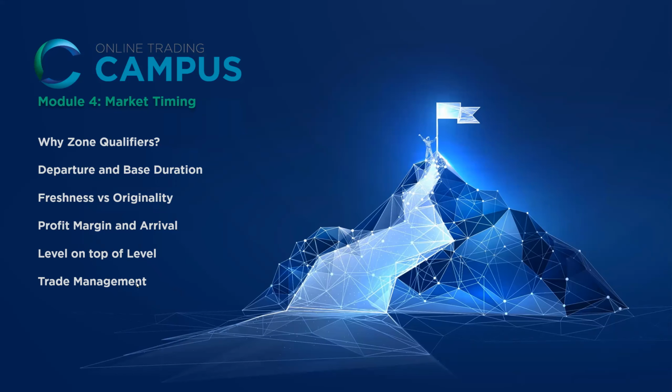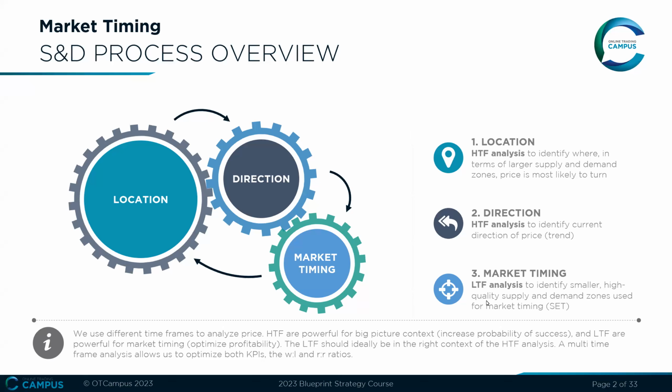So without much further ado, let's just jump straight into our slides and then also into the practical application bits on market timing, as well as all the other things that we've covered so far, all the other rules. So this slide should be familiar to you guys. We use different timeframes to analyze price. And so what we know is that the higher timeframes are powerful for understanding the bigger picture context.